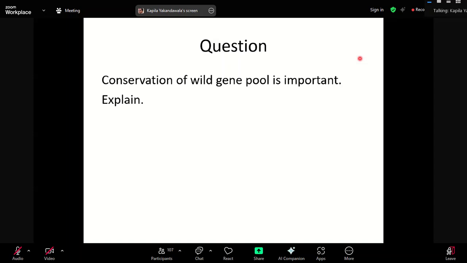Then you should know the meaning of centers of origin of cultivated plants. What are the centers? And you should be able to name 8 centers and examples. I just mentioned important examples. Only those things should be remembered for the exam, right? Other things may be for your knowledge, right?